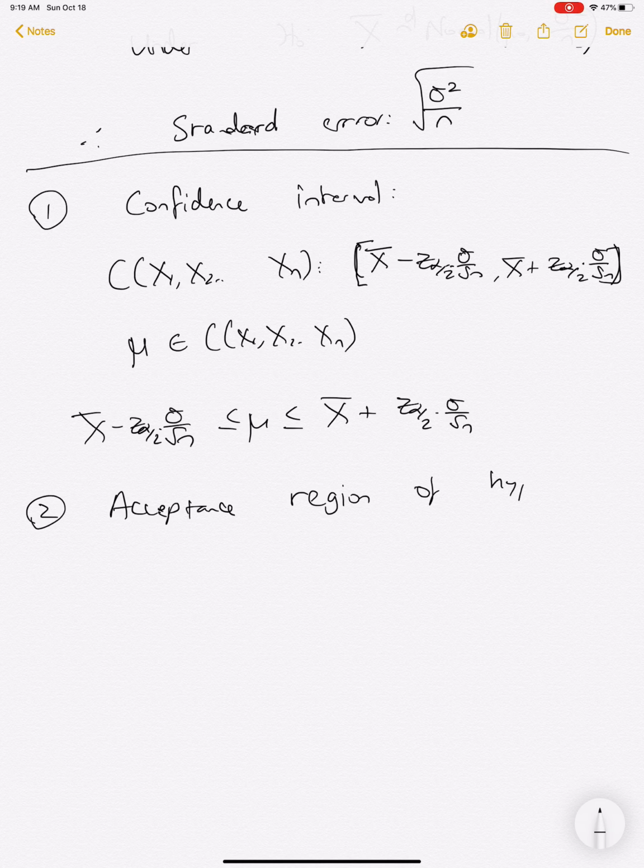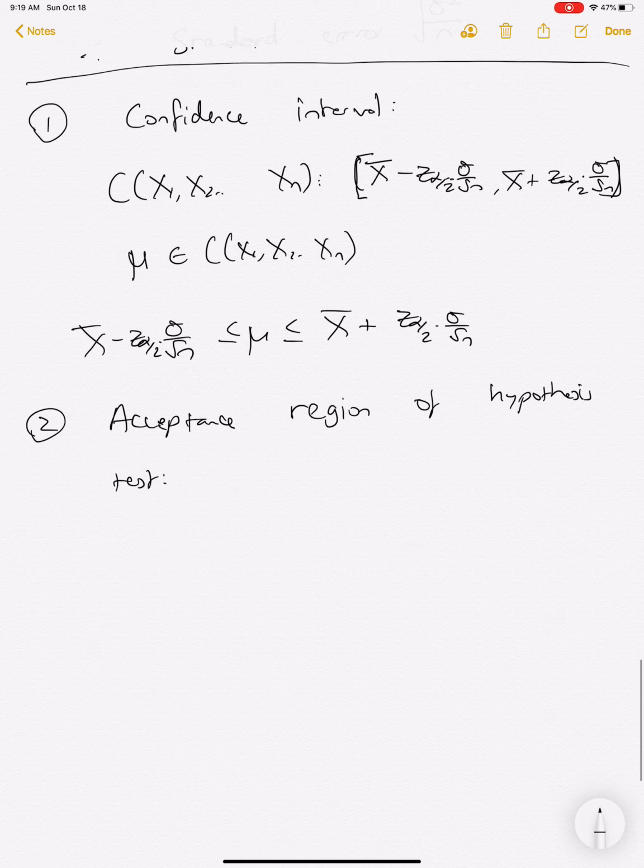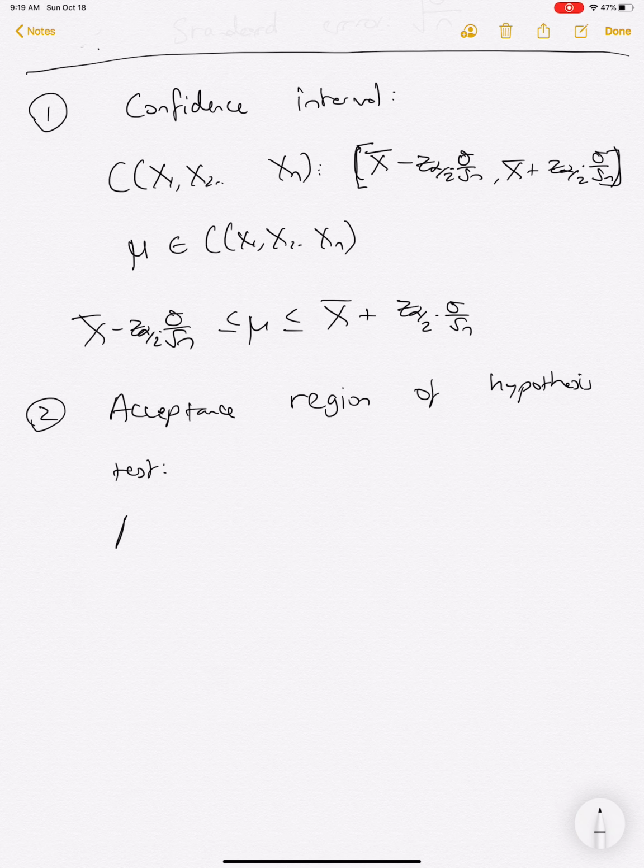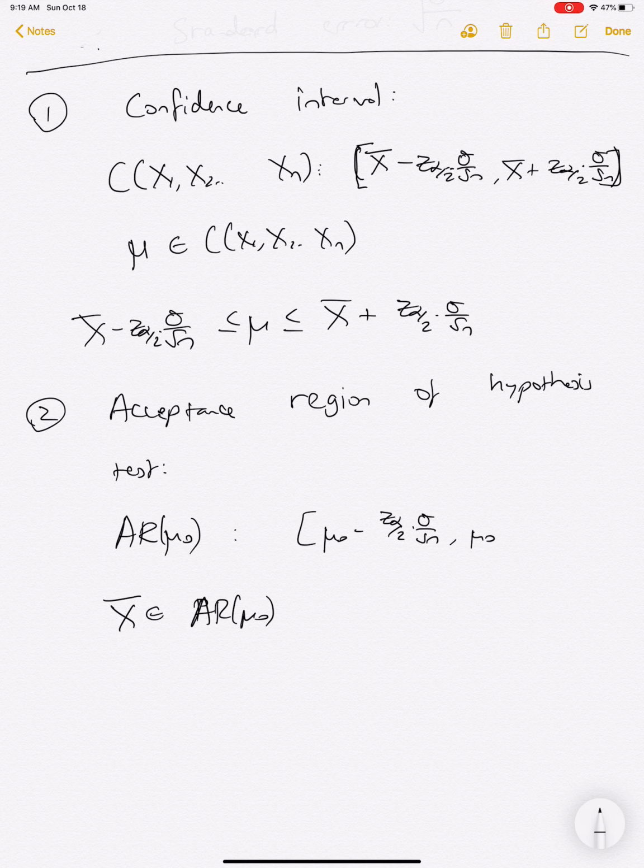Now let's look at the acceptance region of a hypothesis test. Remember we're going to use the notation AR, and this is a function of mu0. This doesn't have data in it, but then we're saying that X bar is in AR of mu0. This is your test statistic, and in our case it is the interval from mu0 minus z alpha over 2 times sigma over square root of n to mu0 plus z alpha over 2 times sigma over square root of n.